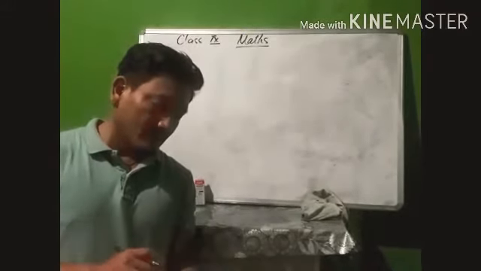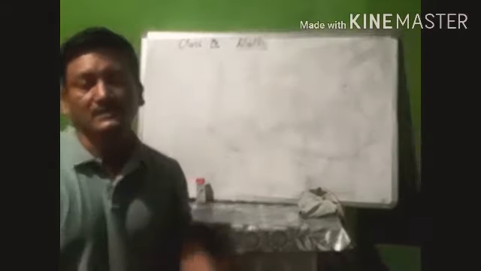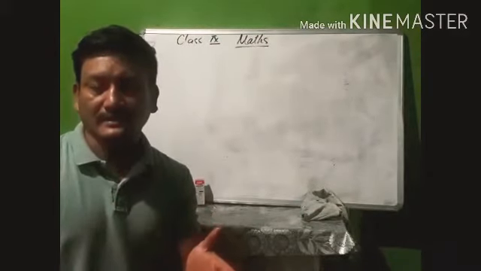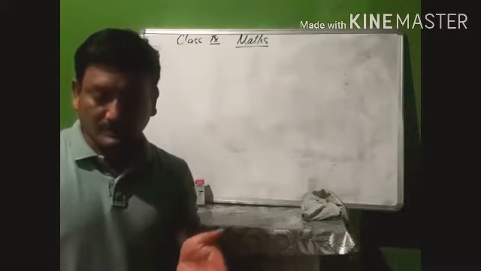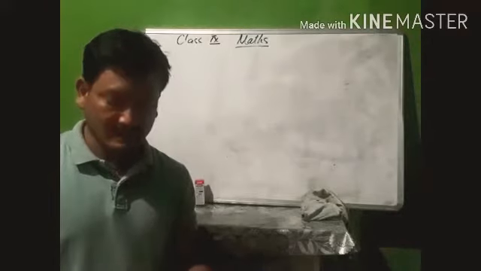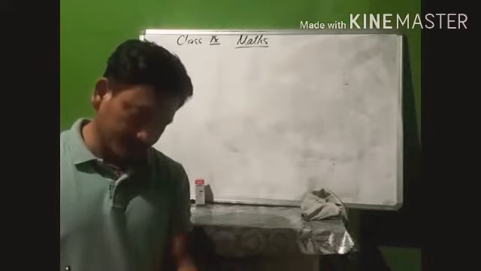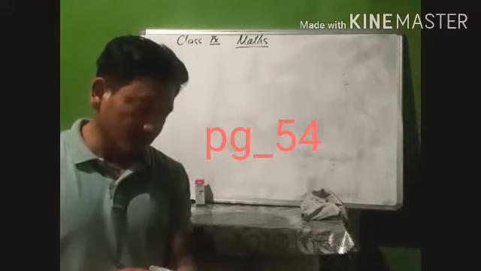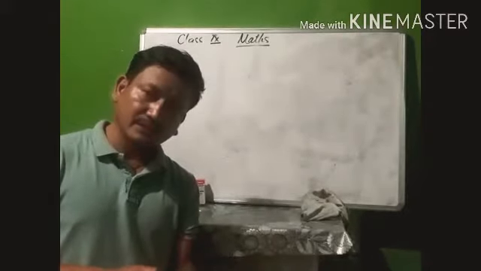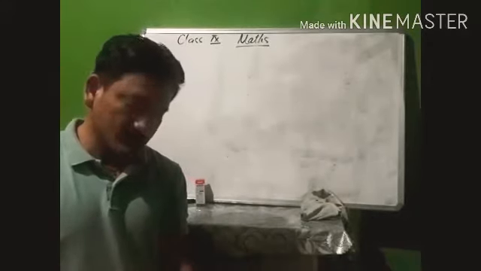So first of all, you need to have a plane surface, which we call a Cartesian plane. You can see on page number 54 that the Cartesian system is already given.